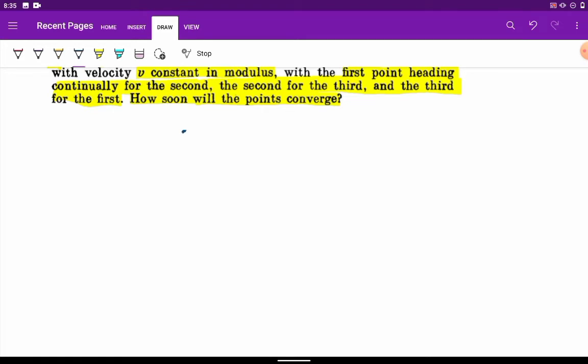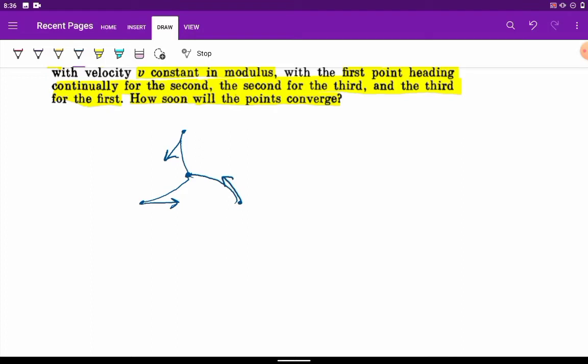So let's consider 3 points. Initially this is moving in this direction, this is moving in this direction, this is moving in this direction. So they keep moving towards each other until they meet at the center of the triangle, because their paths would be roughly like this, right?